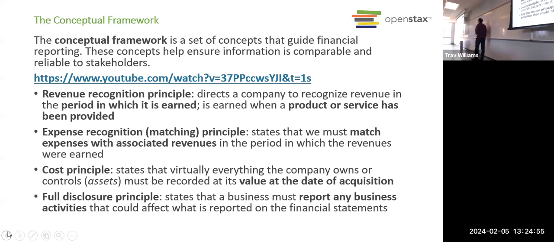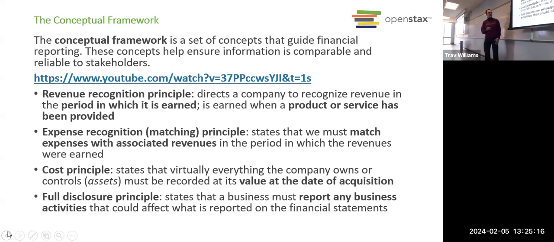And then let's say the next year that building has gone up to $700,000 in market value, or maybe it went down to $300,000 in market value. It doesn't matter. It's still going to show the original cost on the company's accounting records. Okay.